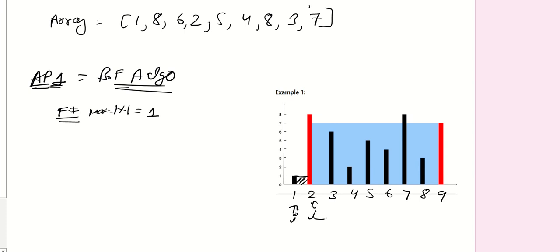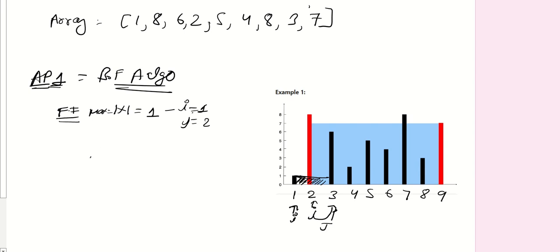Now we'll increment j by 1, so j will be pointing over here. Although j's height is 6, i is 1, so again we will be storing to this level only. So this was when i equals 1 and j equals 2.